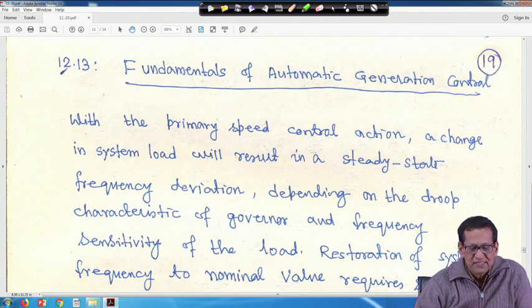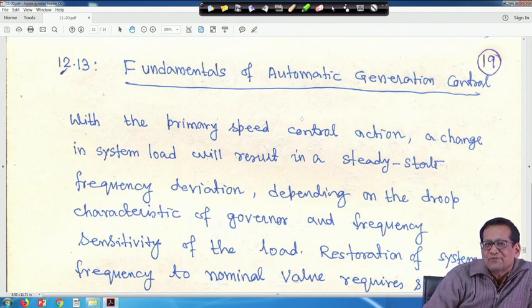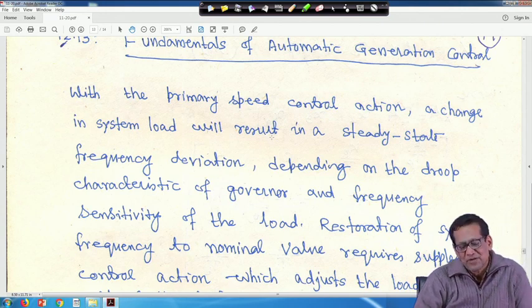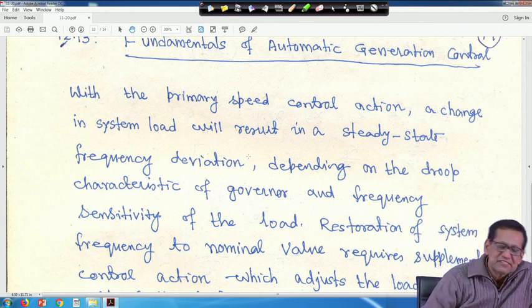So next is the fundamentals of automatic generation control. With the primary speed control action, which we will see later, a change in system load will result in a steady state frequency deviation. That means if the primary speed control is there, that is governor loop parameter R, then for a step load disturbance there will be a frequency deviation.